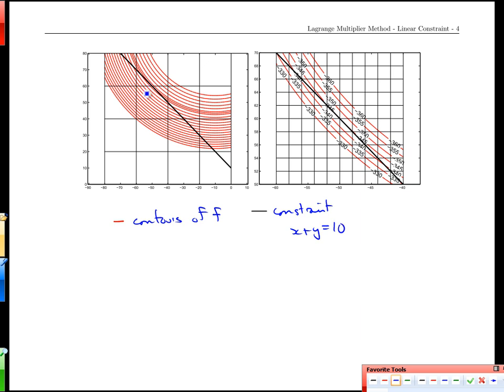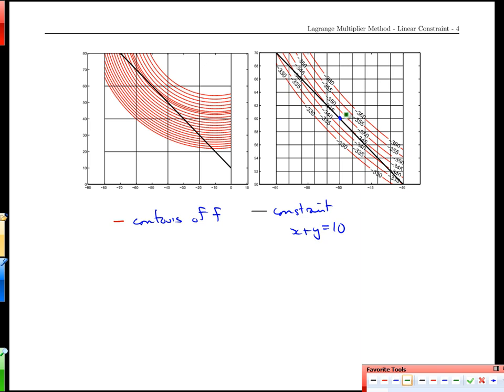And if we zoom in on this region here, look what we can see. At minus 50, we have our constraint line just coming along to touch our minus 345 function value.